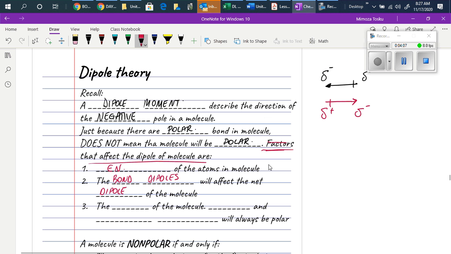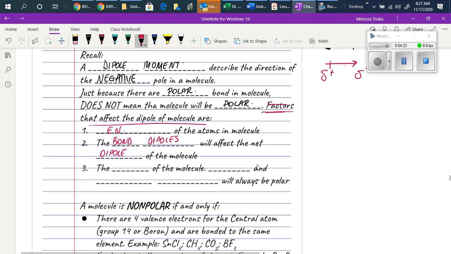So you can have two dipole moments, but since they are in the opposite direction, there may not be a net dipole in the molecule. And then the other one is the shape of the molecule, the VSEPR shape of the molecule.